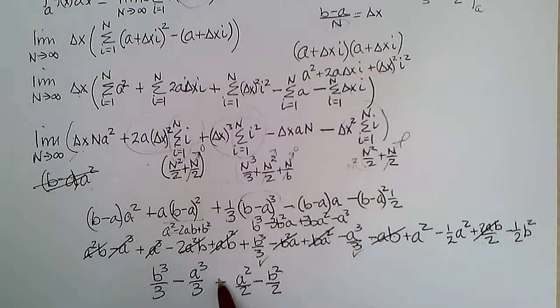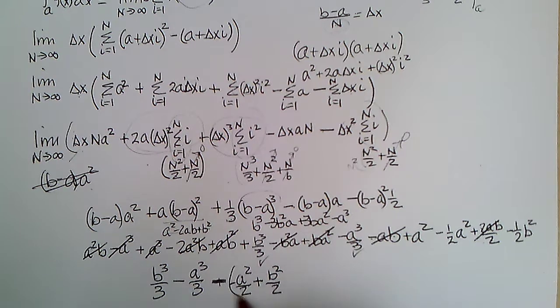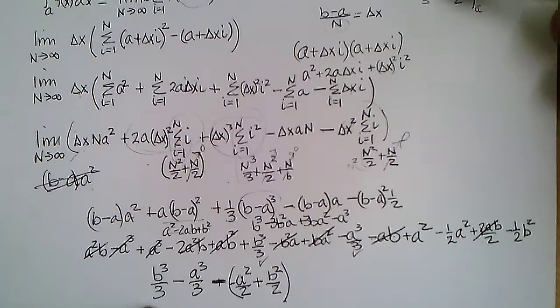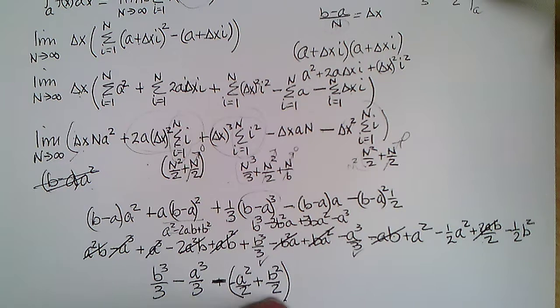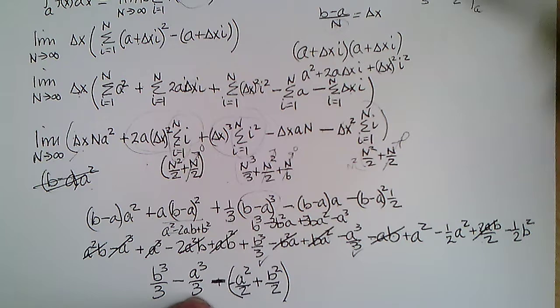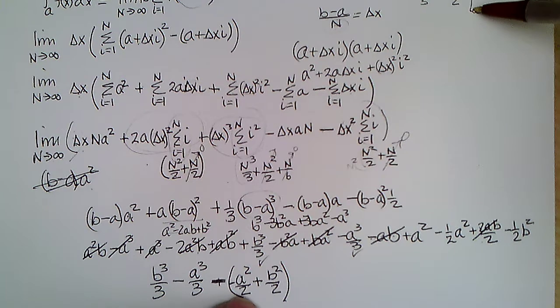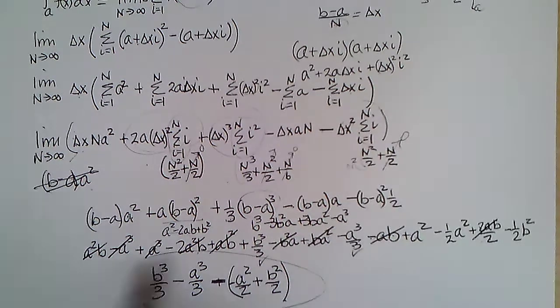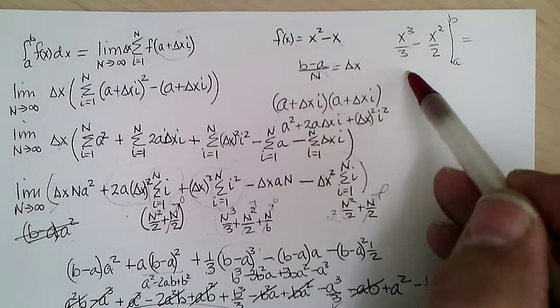If I factor a minus out of this, this becomes a minus and this becomes plus. And this should look like b in for x: b cubed over 3 minus b squared over 2. That's what this would be. And then putting a in there, I get a cubed over 3 minus a minus, which would be plus a squared over 2. So this works out to be what this would be.